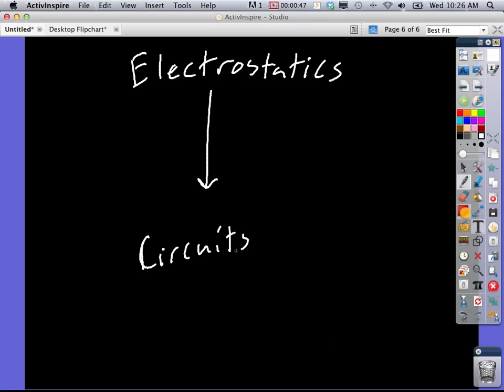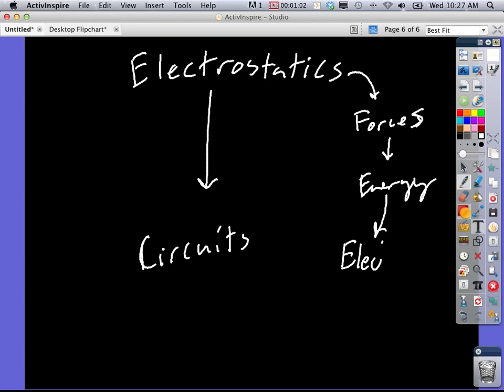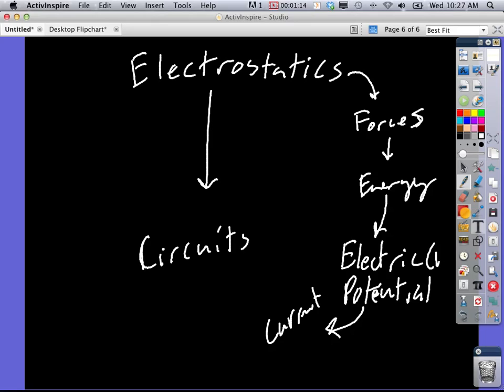Along that path, you go from electrostatics to forces, from forces to energy, from energy to electric potential. And by the way, electric potential is voltage.